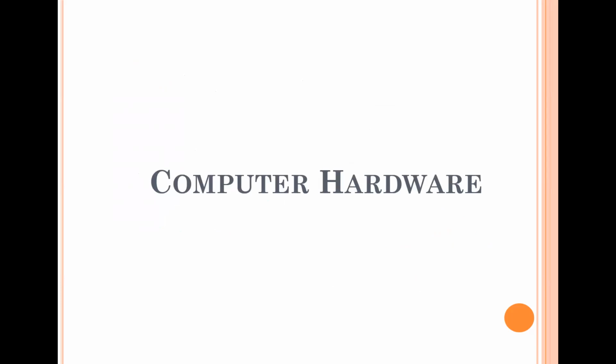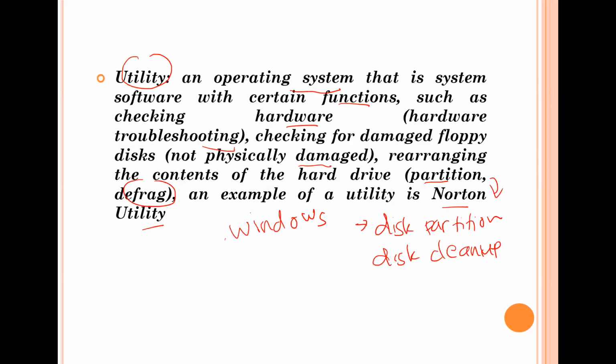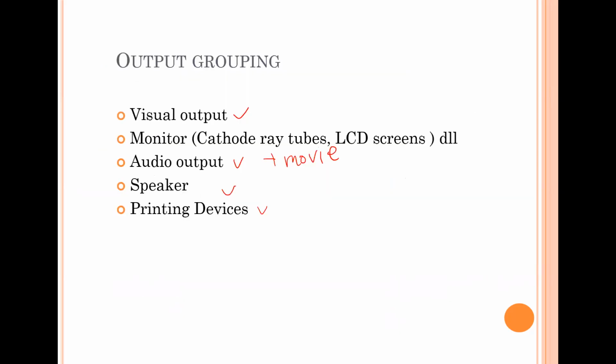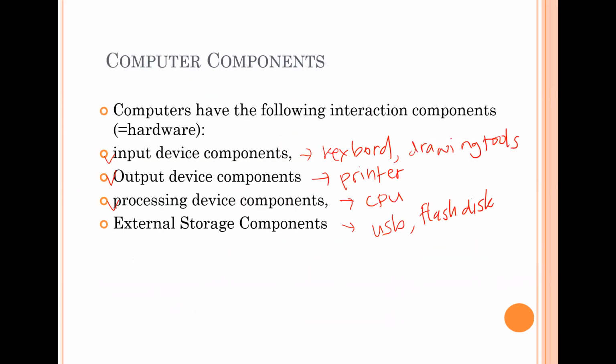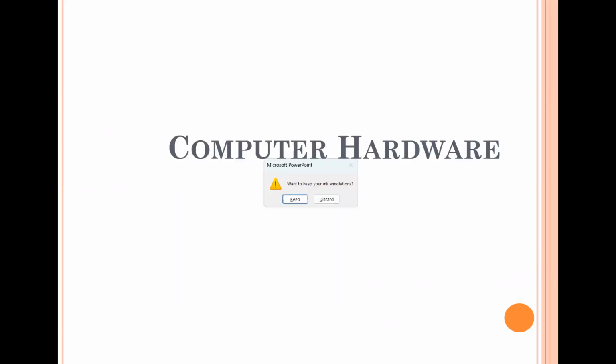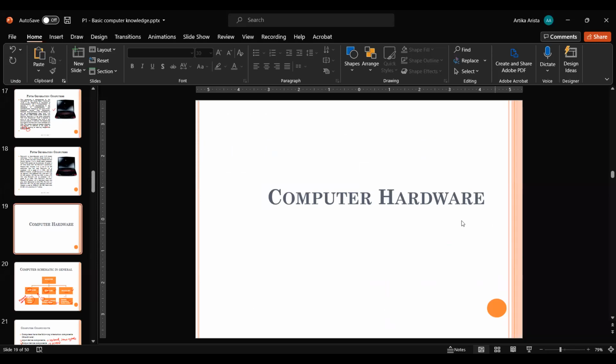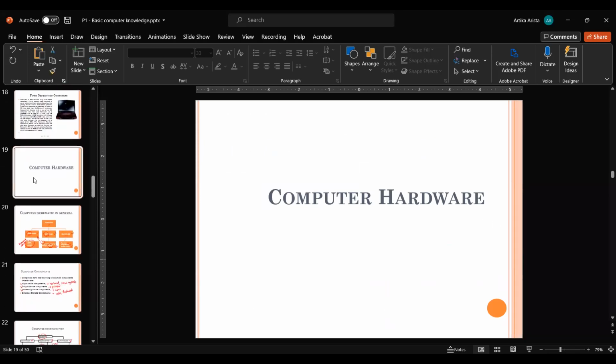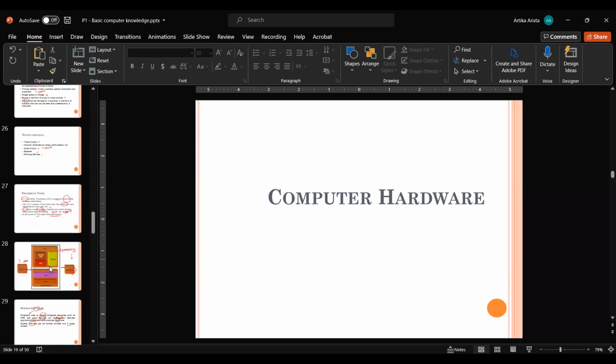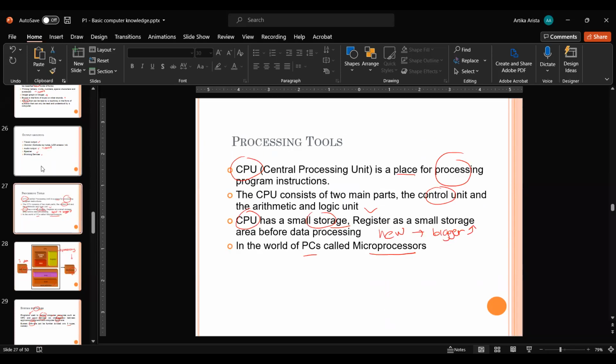We continue with the computer hardware. Oh, sorry, the first one is software. I think they mistook the title here. Here means several components about hardware, right? We talk about several tools.